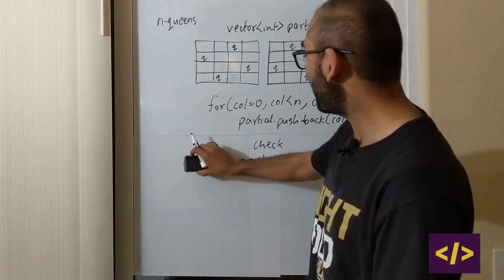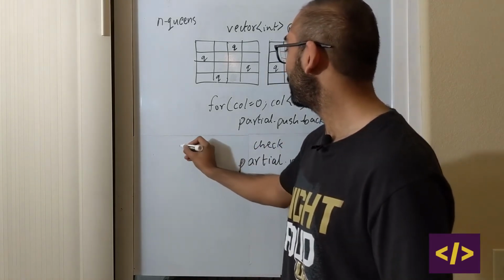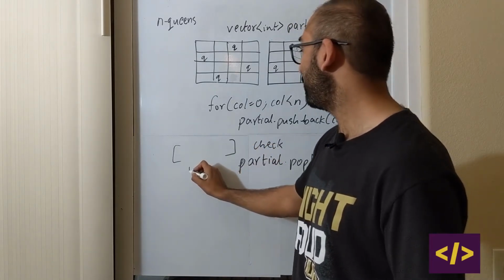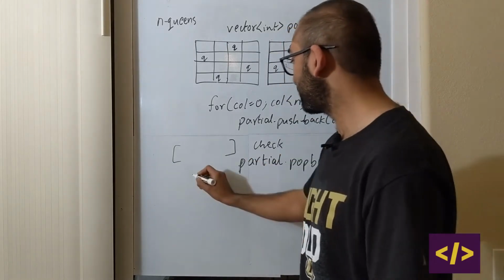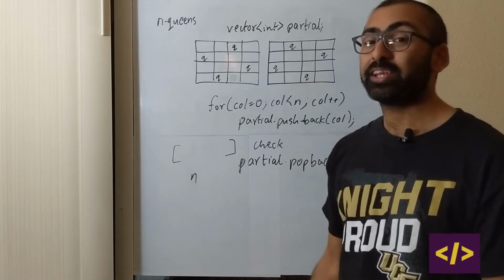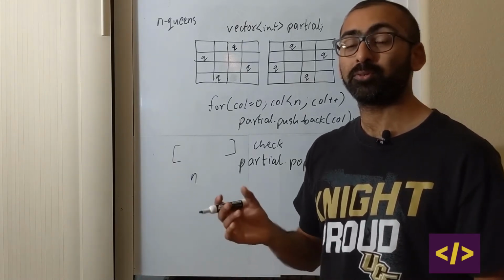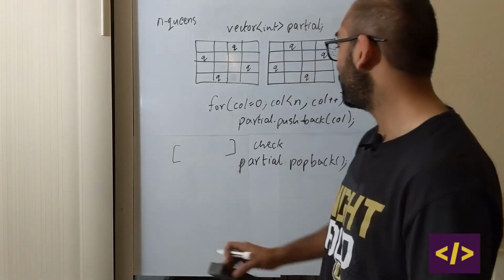So in your final answer, your vector is going to be larger than 4 or n, right? Your vector is going to keep growing and growing, and you have no idea which element in the vector corresponds to which row. So that's why we always say that.